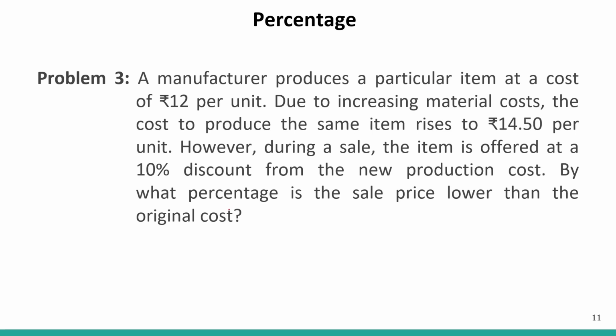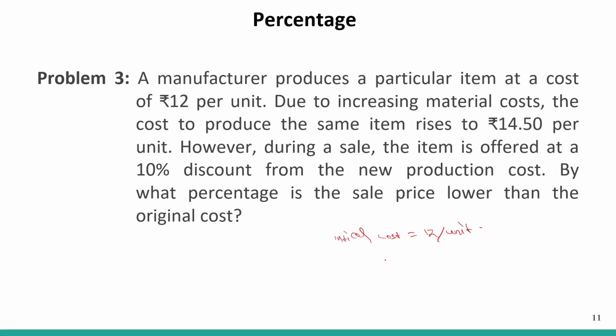Problem number 3 asks us: a manufacturer produces a particular item at a cost of 12 rupees per unit. Due to increasing material costs, the cost to produce the same item rises to 14.50 per unit. So here, the item's initial cost is 12 per unit.